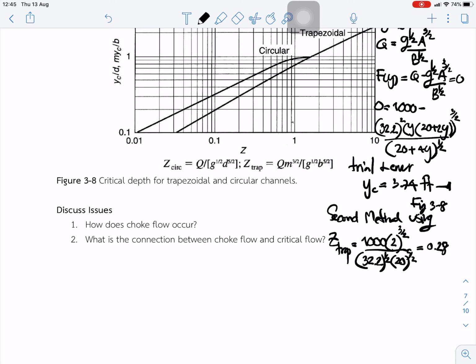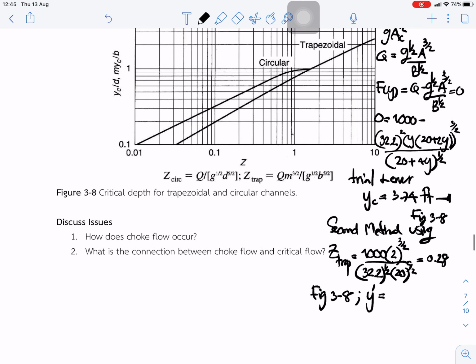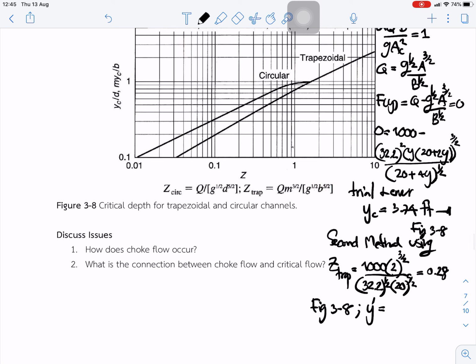And from figure 3-8, we can read y if the Z trap is about 2.28, so it's about this point.